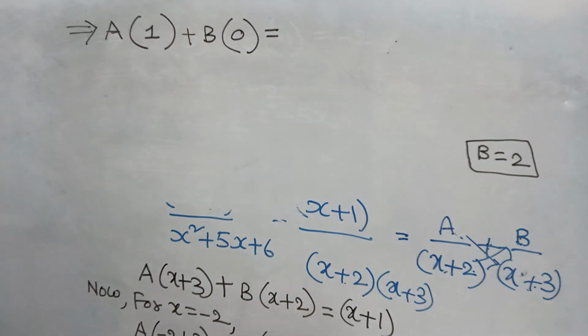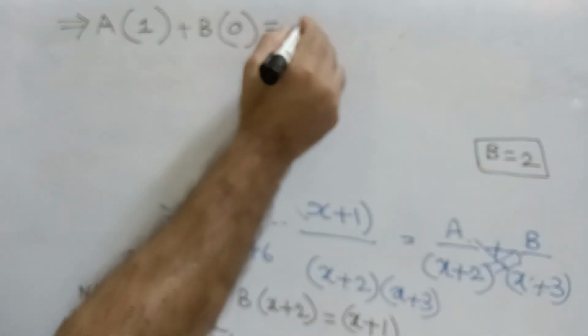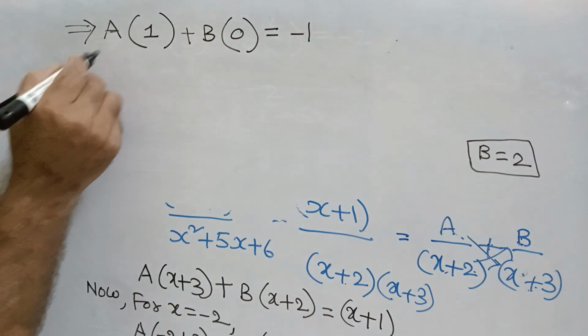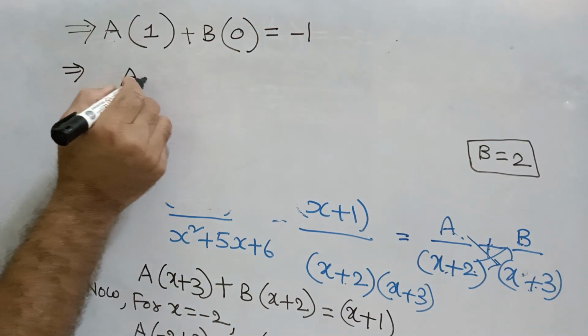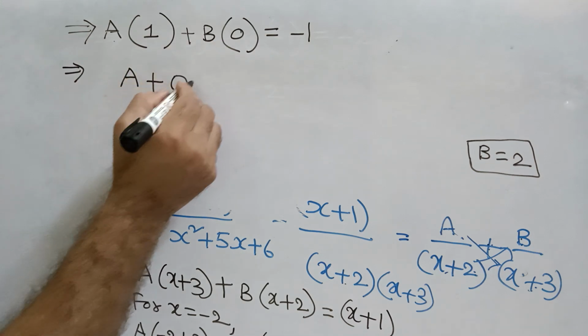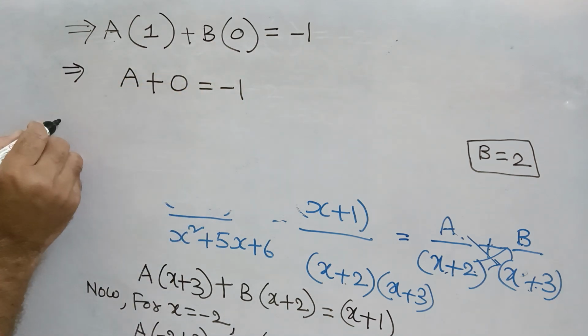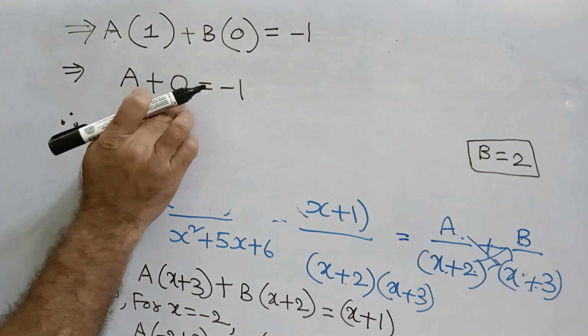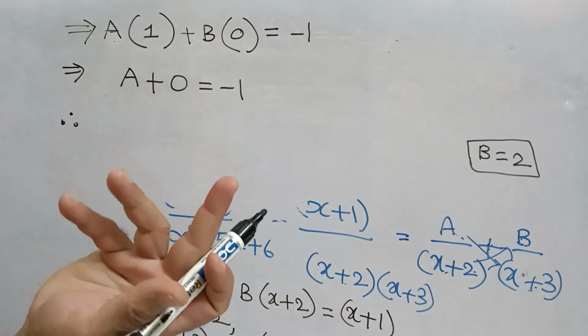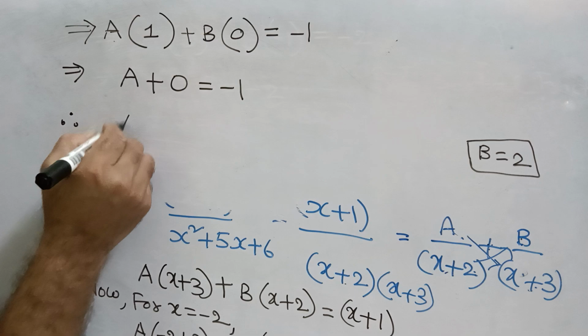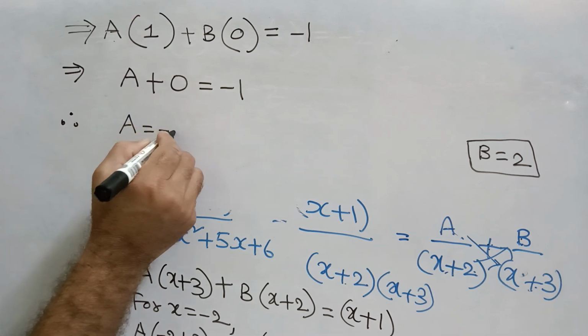This is equal to minus 2 plus 1, it is minus 1. This implies a into 1, plus b into 0, is equal to minus 1. Therefore, a plus 0 is a, because 0 is of no value. Therefore, a is equal to minus 1.